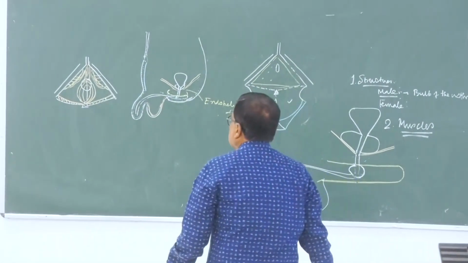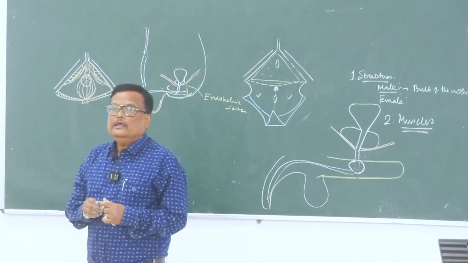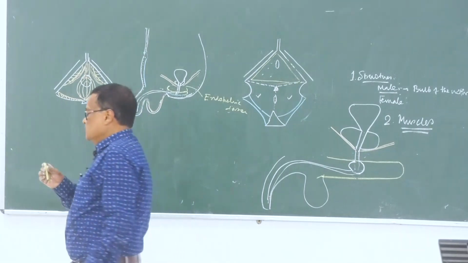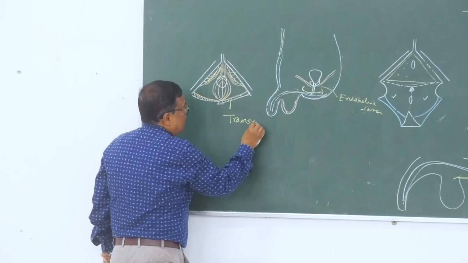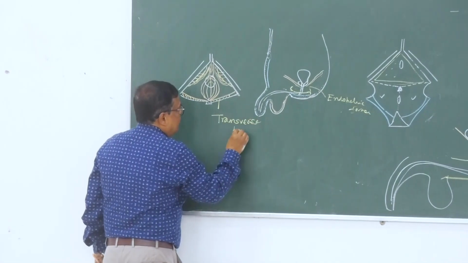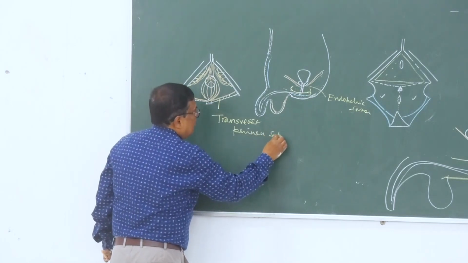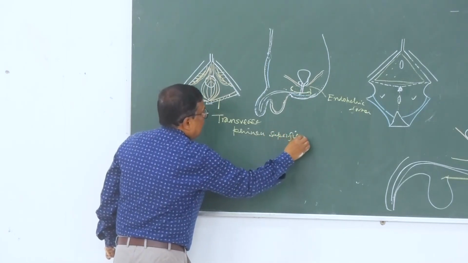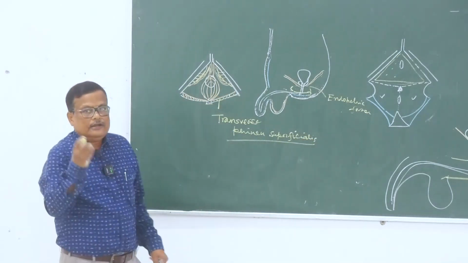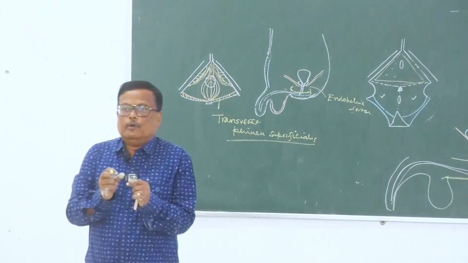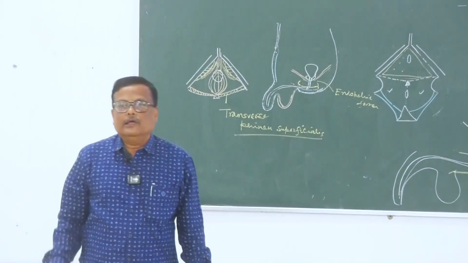This muscle is transversely disposed, we call it transverse perini superficialis. Which steadies the perineal body. It helps to steady the perineal body.